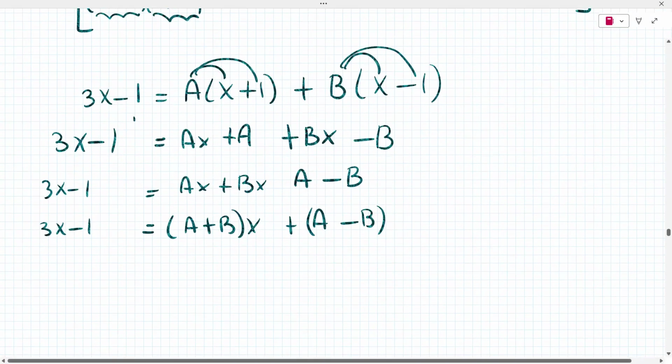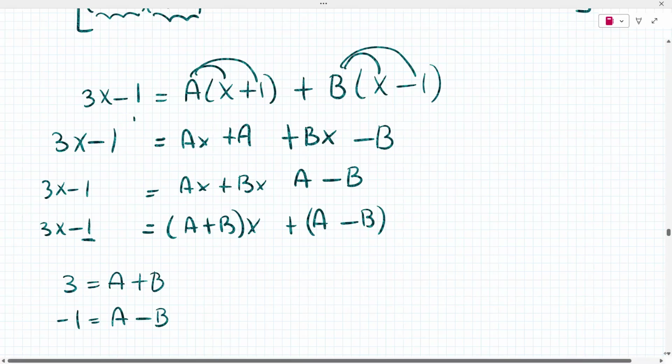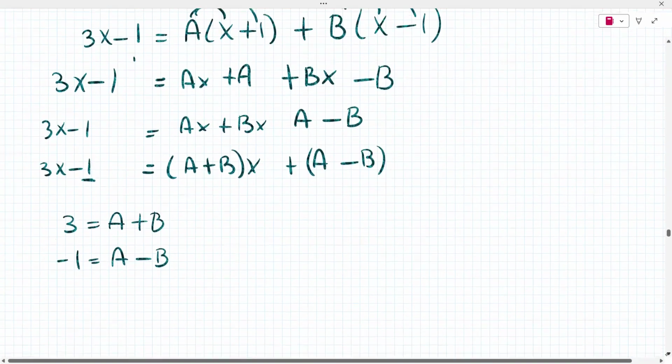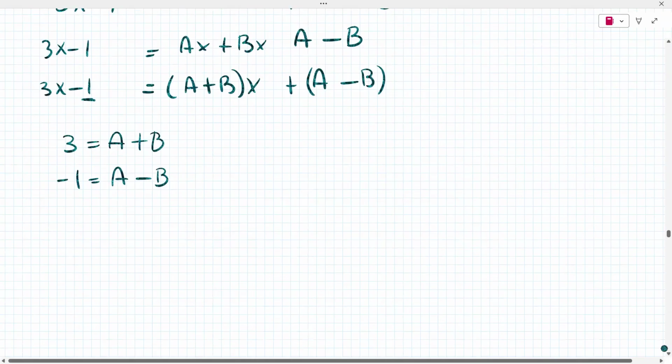So now you see this A plus B times x goes with the 3x, right? But you can ignore the x's. So you have a system of equations: 3 equals A plus B. And then this negative 1 goes with the A minus B. So it would be negative 1 equals A minus B. Okay, and then what I'll do next is get rid of the B's.